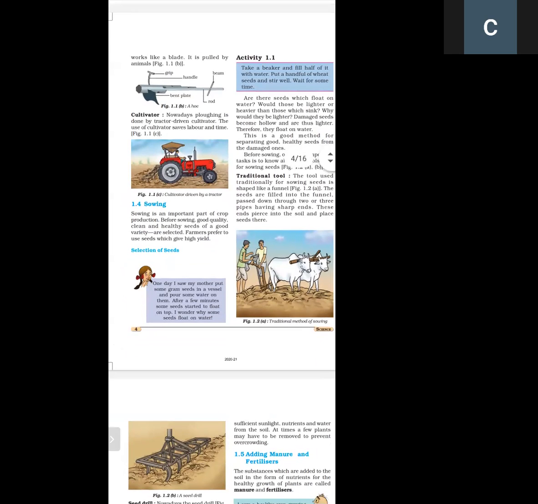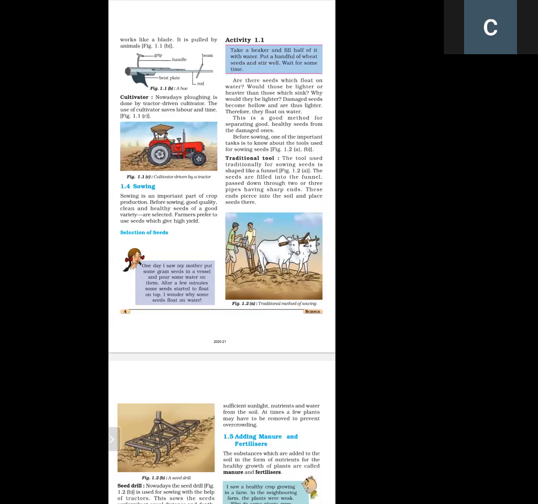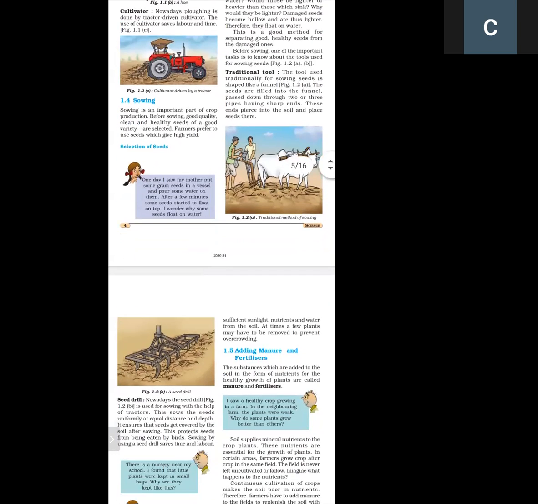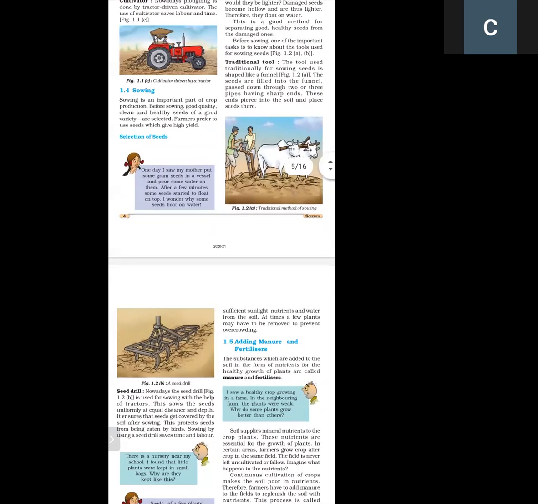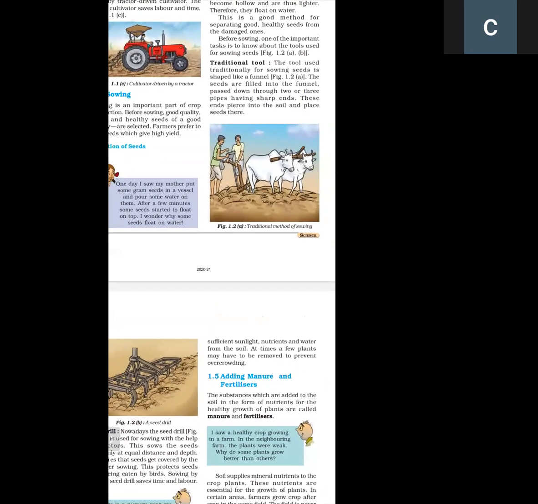After selection of seeds, we sow the seeds, and this can be done with two methods. Either with a traditional tool, in which we use a funnel. We put all the seeds into the funnel, and they go through the pipe and into the soil.